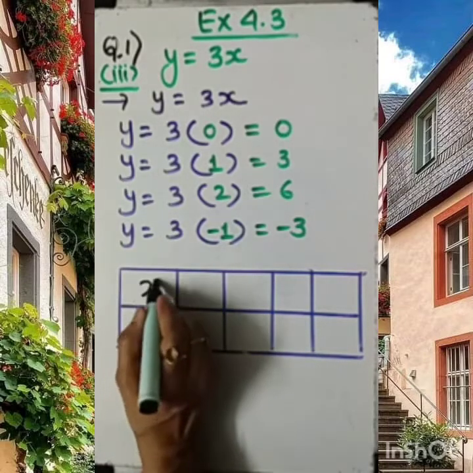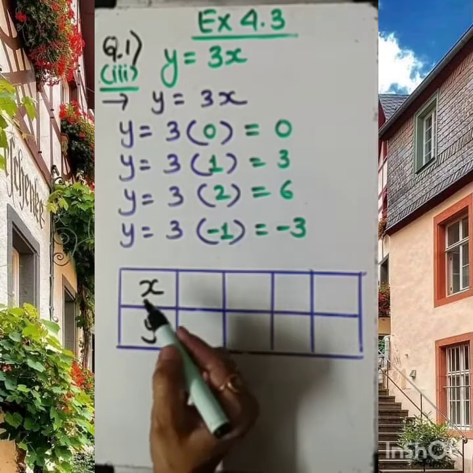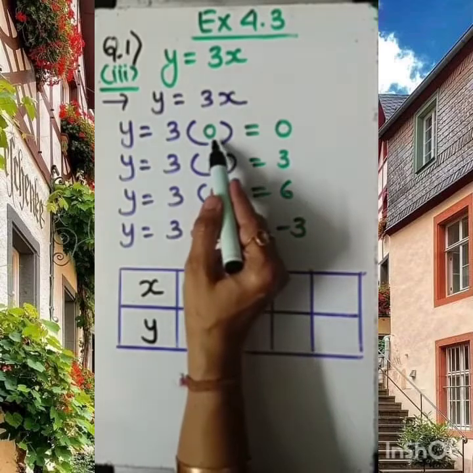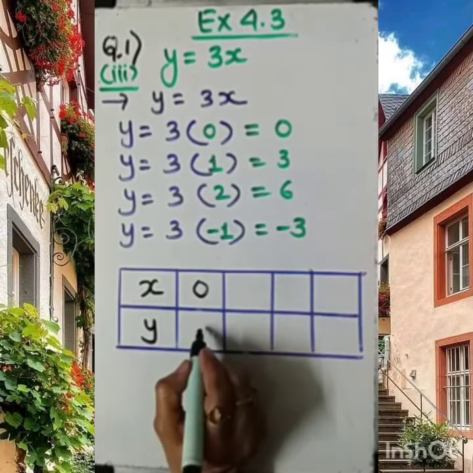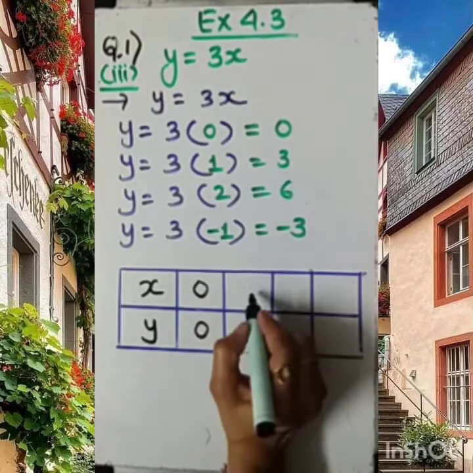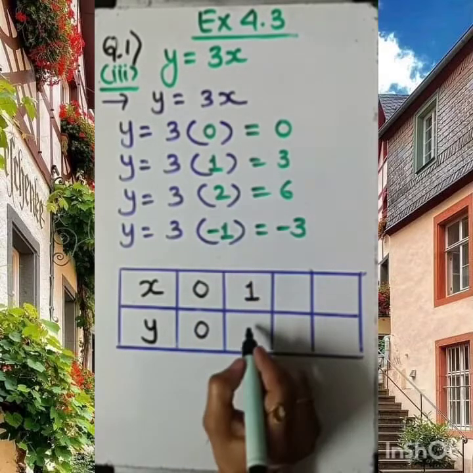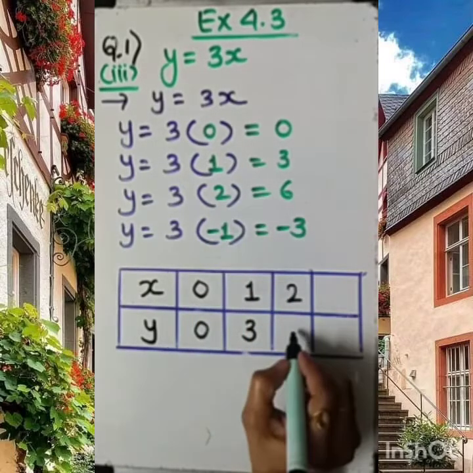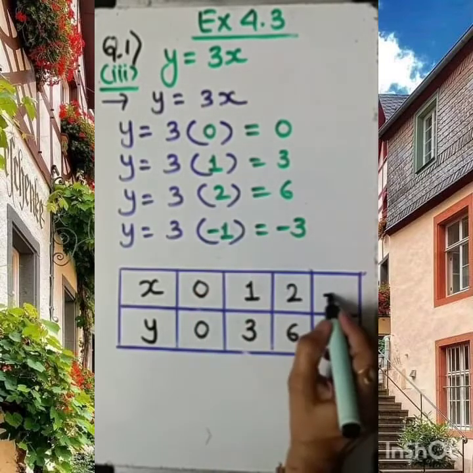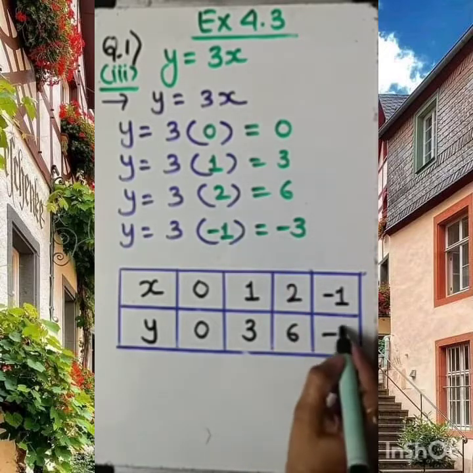Here x, here it is y. The value of x, that is 0 first I am choosing, here y is 0. Here x value 1, then the value of y is 3. Here the value of x is 2 and value of y is 6, and this is -1, and here it is -3.